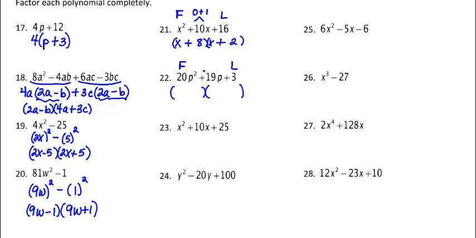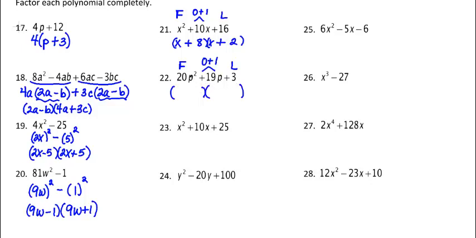And then we have to arrange them so that we can get the outer and inner to have a sum of the 19p. So to multiply two things to get 20p squared, there's a lot of choices. We can have 1 and 20, 2 and 10, or 4 and 5. For 3, there's only one choice of 3 and 1.